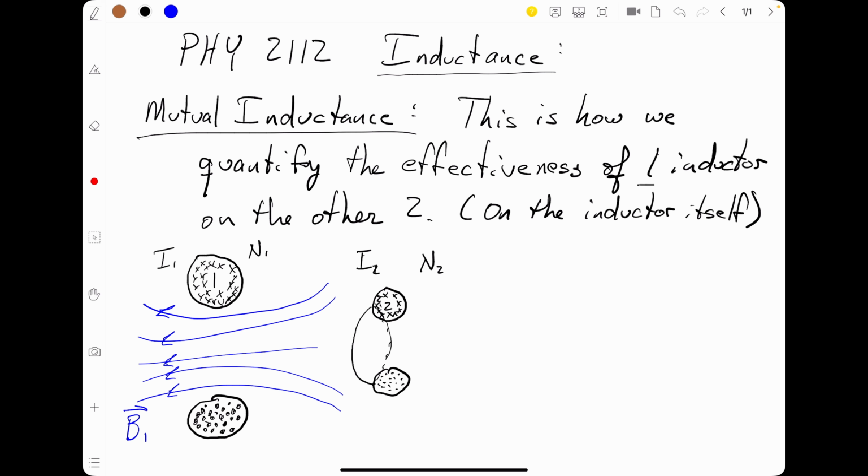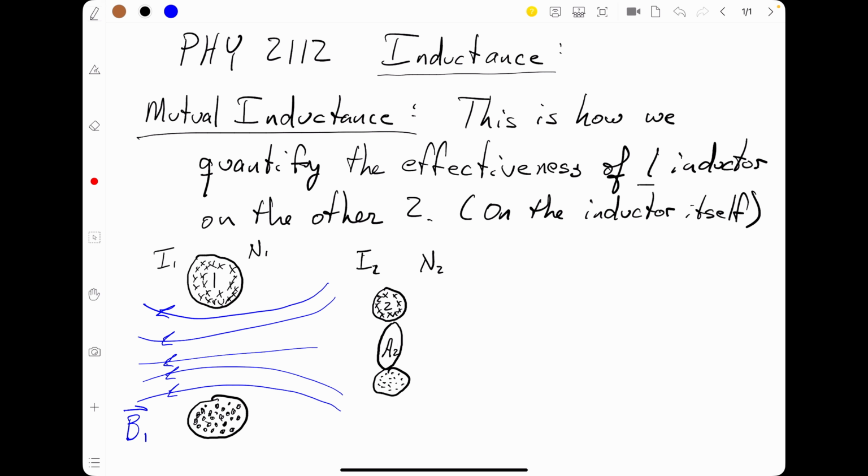Wait, I want this one to be solid too. Okay. So this is our circle. On the inside of our circle, right in here, let's get rid of the first one. Okay, let's do our area here instead. So our loop is going all the way around, okay? And this is our area 2. Good. So there is a flux through area 2, okay?